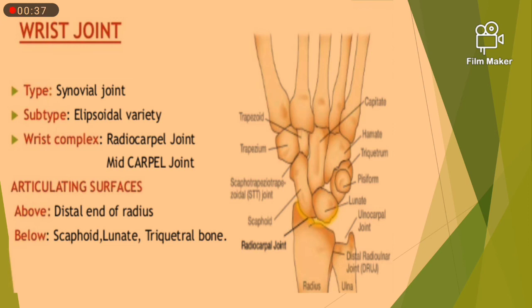If you consider the radiocarpal joint, the type is a synovial joint, diarthrosis, subtype ellipsoid variety. The wrist complex is made up of the radiocarpal joint and the midcarpal joint.